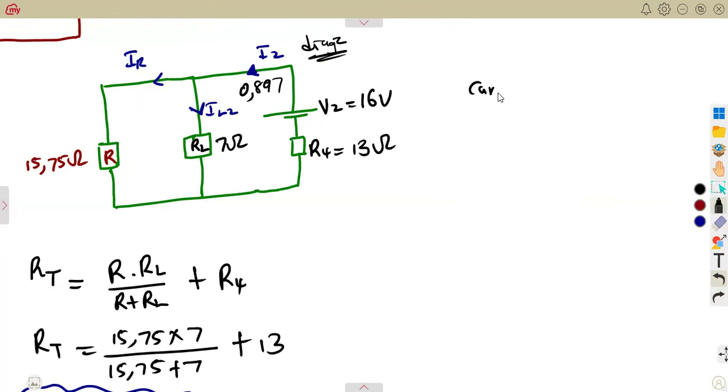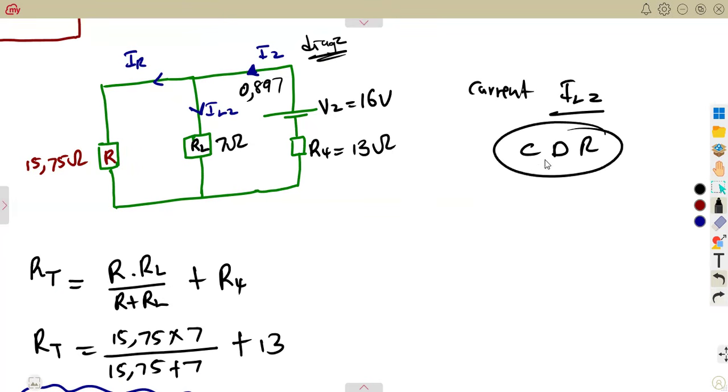So the current across the load can be calculated from the current divider rule again. Because I2 is the total current that is feeding these two. Like I said, if you want this, you use the opposite resistor, not this one.